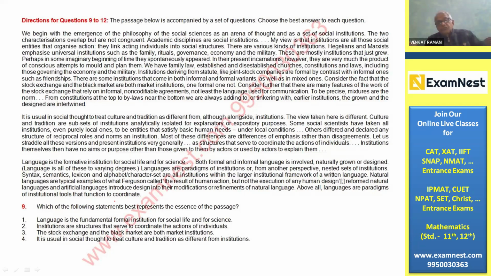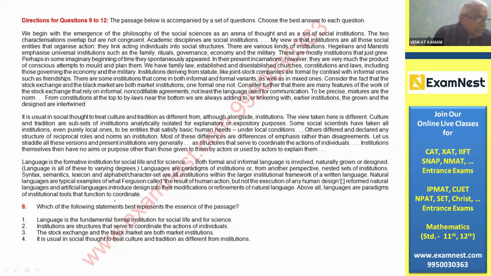You may have smaller institutions, larger institutions. Language is the larger institution, but within that you have smaller institutions like grammar, syntax, vocabulary, and so forth. Then he gives you the example of natural languages and, of course, reformed natural languages and artificial languages. He says, above all, languages are paradigms of institutional tools that function to coordinate, and that is one of the important functions. You see, the function to coordinate.